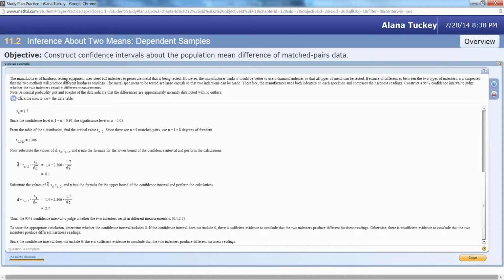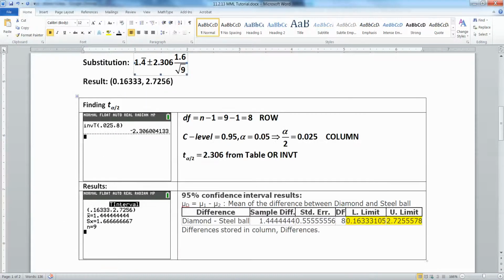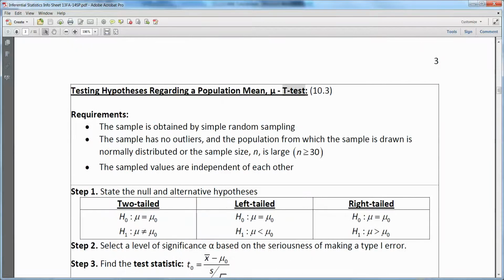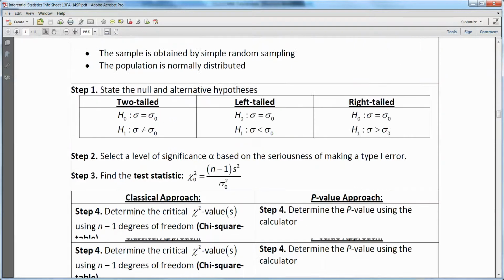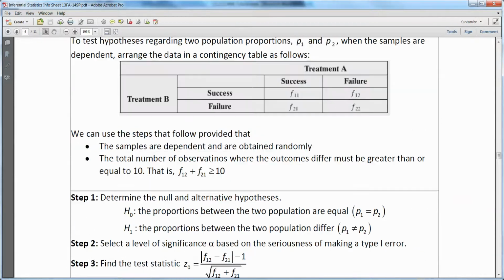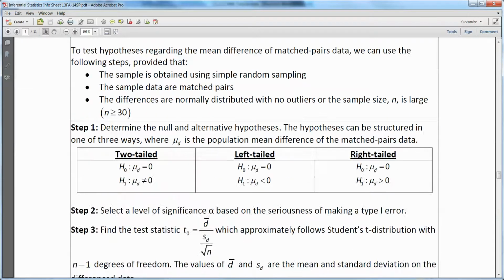Okay, so there's that. And then they want to know, what does this mean? Well, remember that in paired tests, let me scroll down to them. Got to get through the chapter 10 stuff. There's chapter 11 starting. Here we go. So paired, matched pair is a t-test. Remember that your null and alternative hypotheses are basically these three.